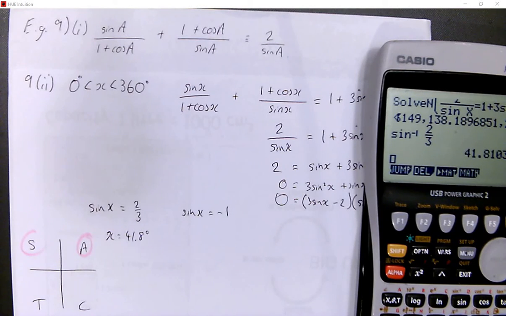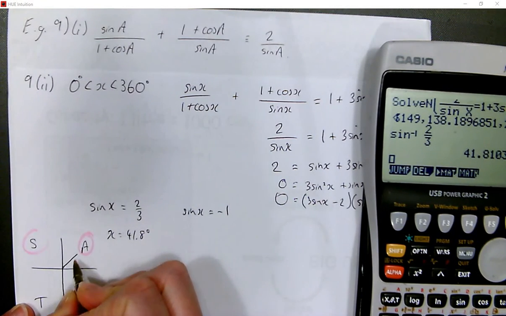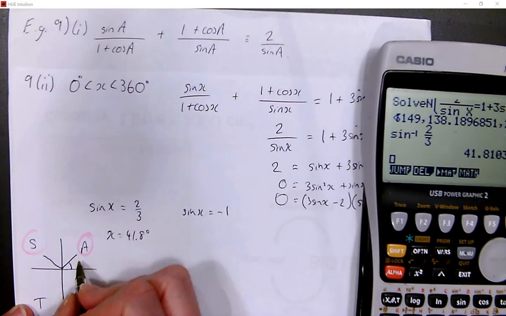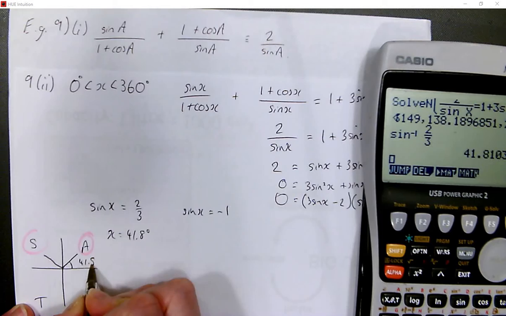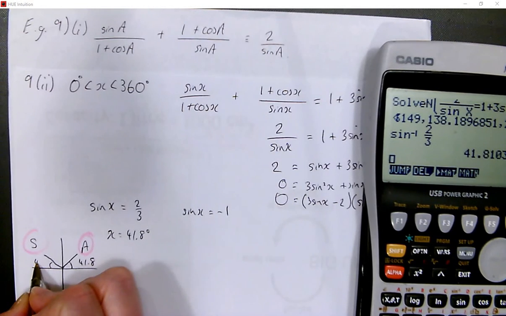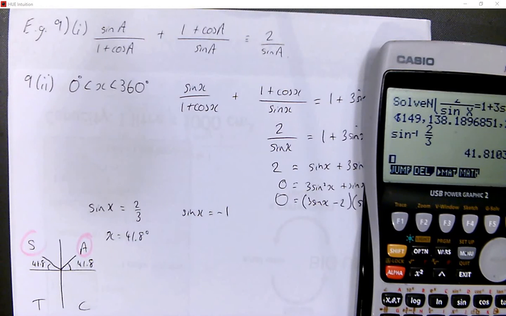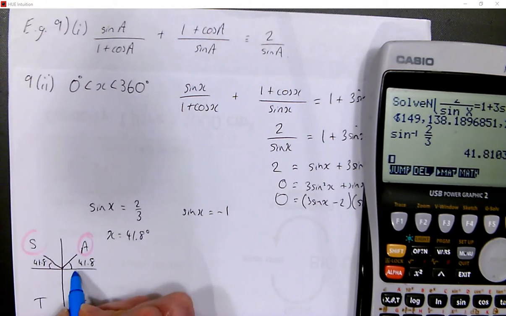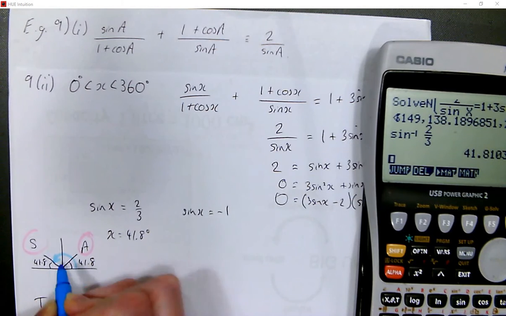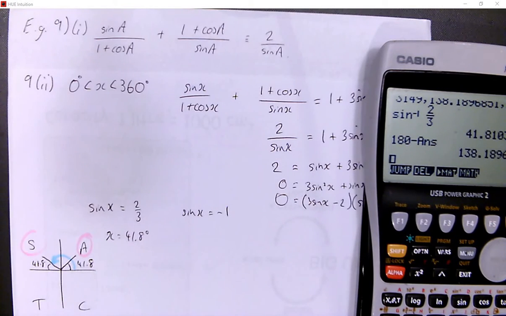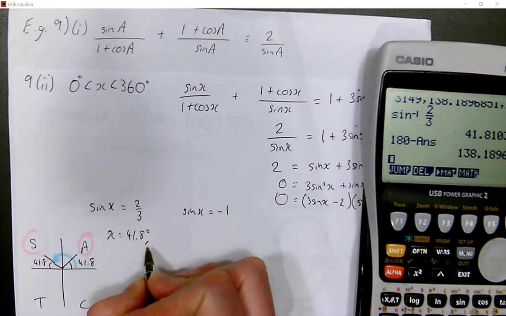Okay, and that should give us a stick above the x-axis, and the angle made is 41.8 each way. So if we do some whirling around from 0 to 360, we hit 41.8 and then we hit 180 minus that answer, which is 138.2.